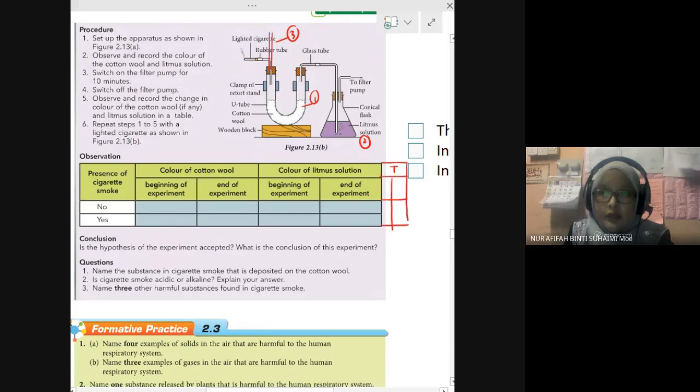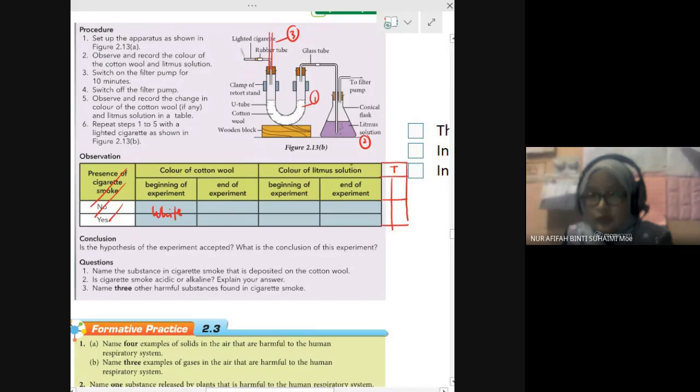Okay, now what do you think will happen to the color of cotton wool? Okay, beginning of experiment, the color of cotton wool is white. White. Okay, and what happened at the end of experiment? This cotton wool represent our lungs, our alveolus. So what happened after the experiment, after finish smoking? What the color of the cotton wool?